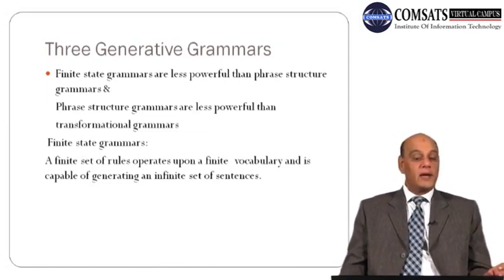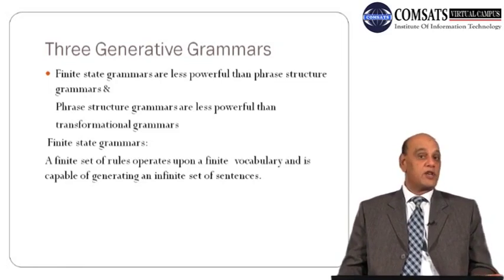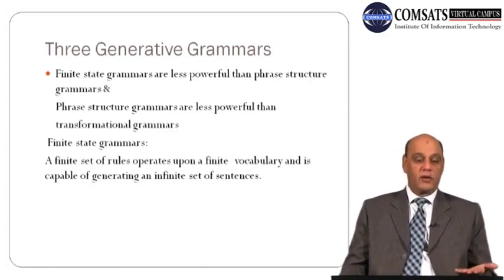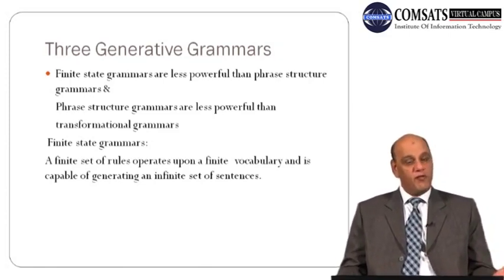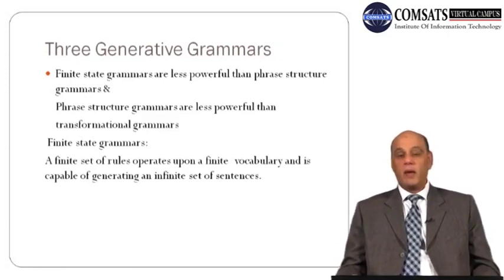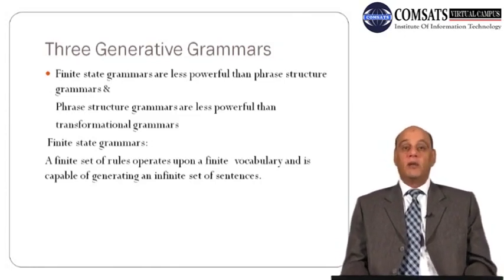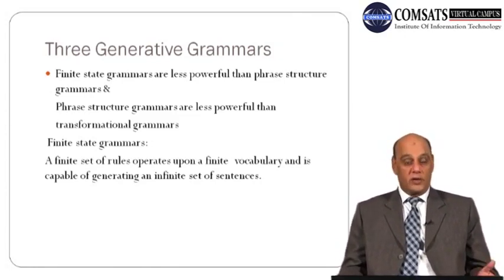The finite state grammars are the least powerful, then over that you have the phrase structure grammar, which has more strength, and finally you have the transformation grammars, which have the maximum strength. So some grammars are weak, whereas others are strong, and they may have some structures which are not present in the other grammars.